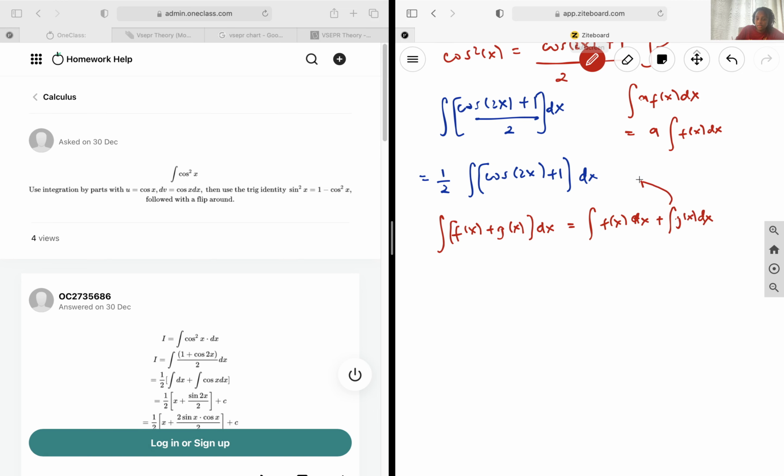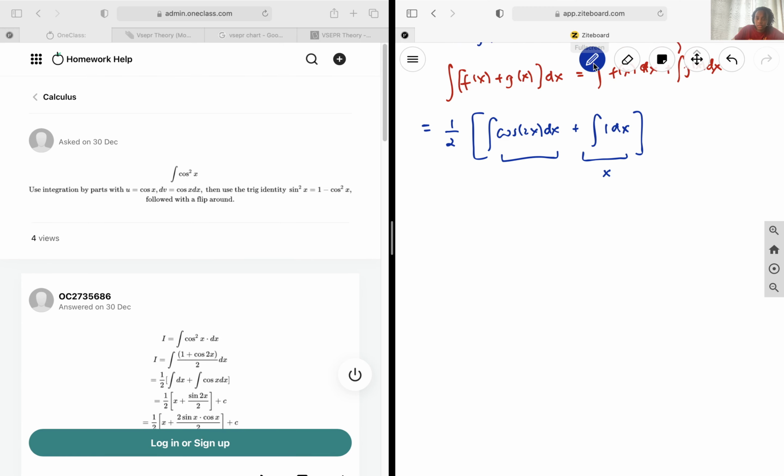So in this scenario, our f of x is going to be cos 2x and our g of x is 1. So let's just write that all out separately. And so we get 1 over 2 all into the integral of cos 2x dx plus the integral of 1 dx. This integral is easy to find. It is just going to be equal to x. This one, we're going to use substitution in order for us to figure it out.